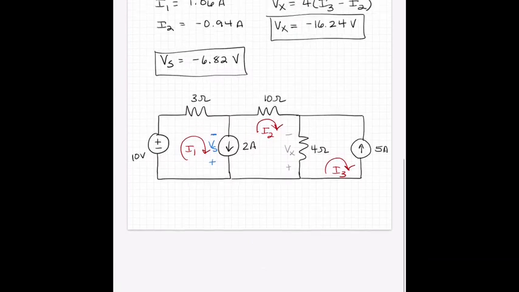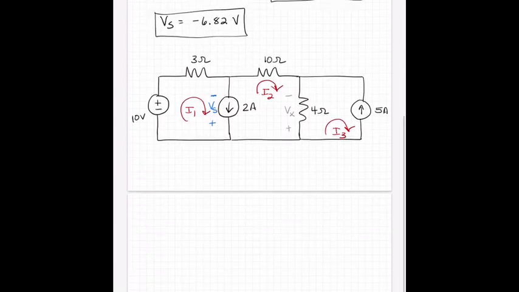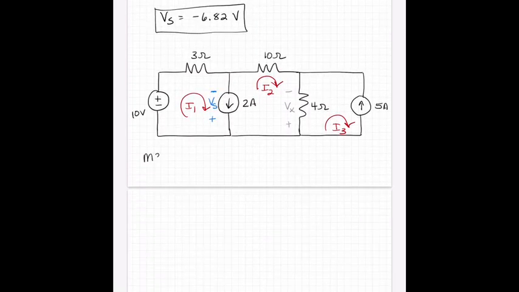Okay, so let's write the mesh 3 equation. Again, we forget about Vx. We only care about the technique here. So I'm going to subtract 4 times I3 minus I2.